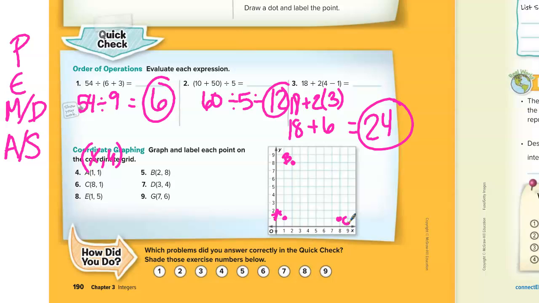For D, I would go right 3, up 4. For E, I'd go right 1, up 5. And for G, I'd go right 7, up 6. So those should be your coordinate points.